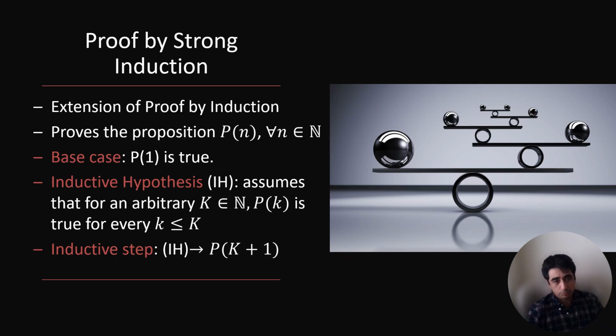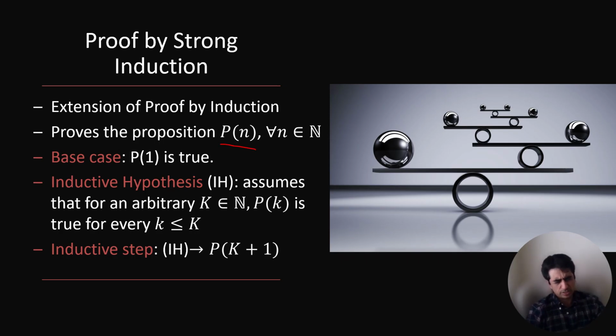One of them is proof by induction, not regular induction, but strong induction, which is the extension of the regular proof by induction. We call the regular one proof by weak induction, and this is strong induction, the extended version. I'm going to briefly mention what it is and show you how it works with a simple example. It proves a proposition P of n, where n is a natural number.